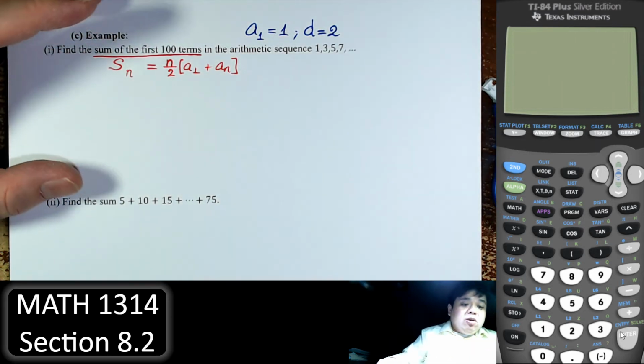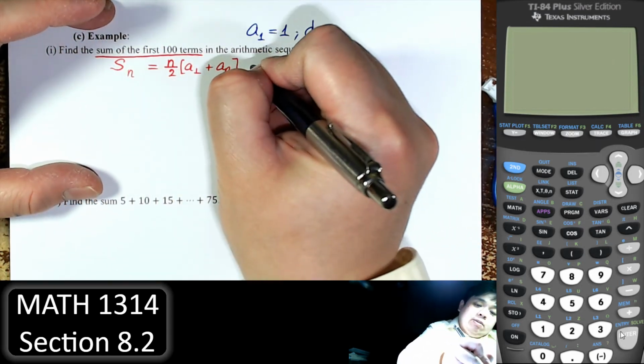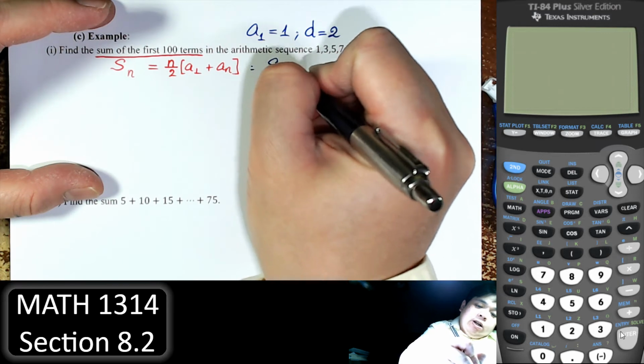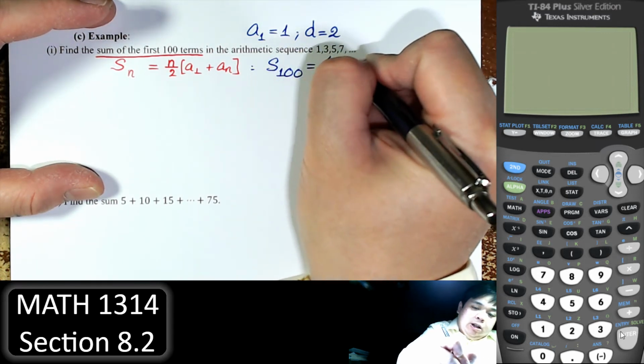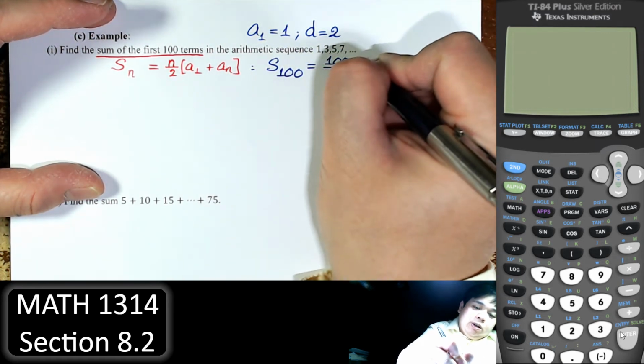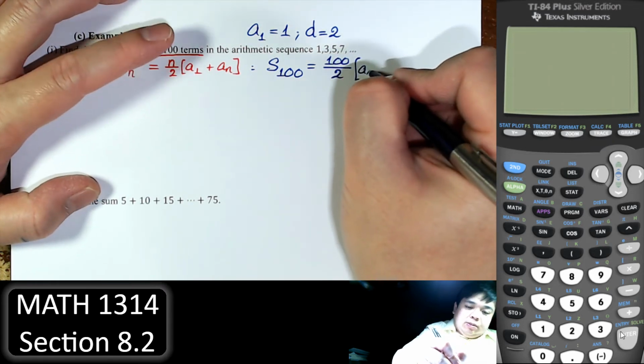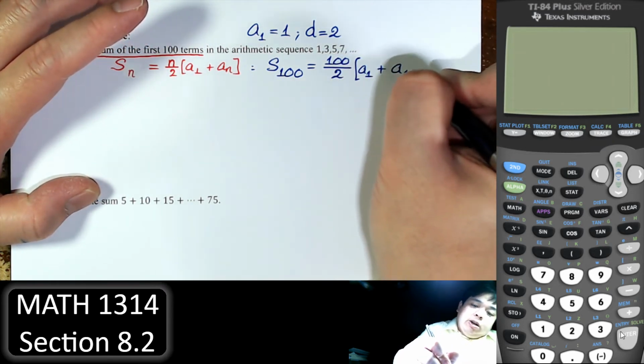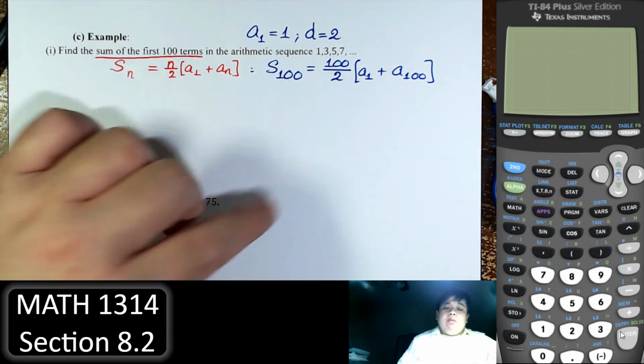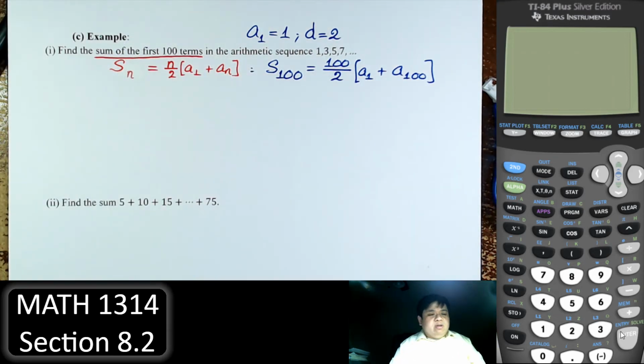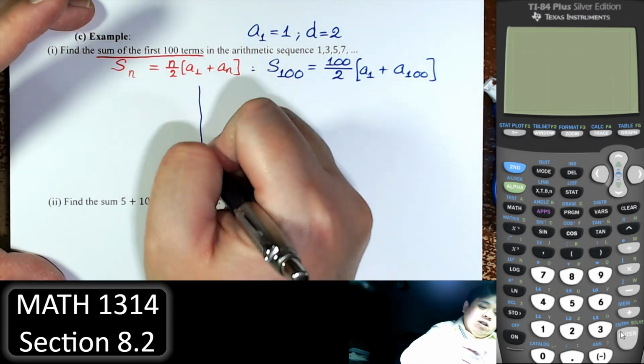So in this particular case, we're going to have s of 100 equal to 100 divided by 2 times a sub 1 plus a sub 100. The only problem is we don't know a of 100, which is fine. We can just go ahead and find it.